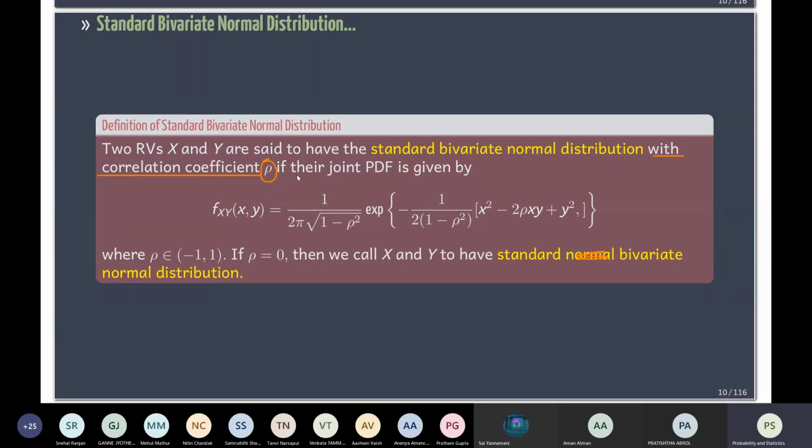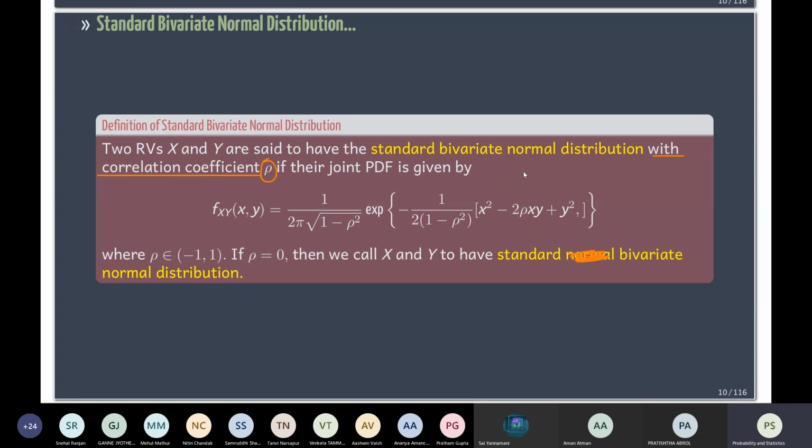That's the thing we have to remember. If rho is equal to 0, we just say they follow a standard bivariate normal distribution, but we are not saying anything about the correlation. There is a very subtle thing here.